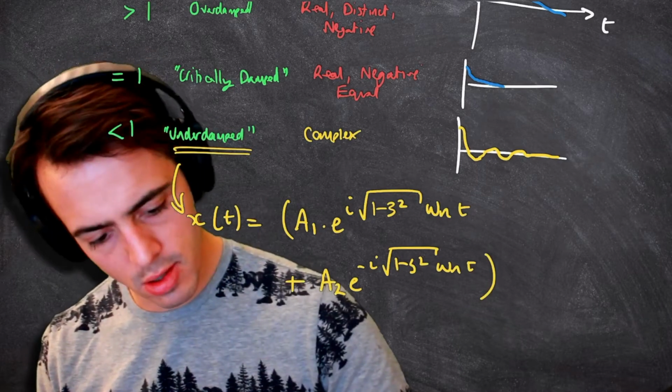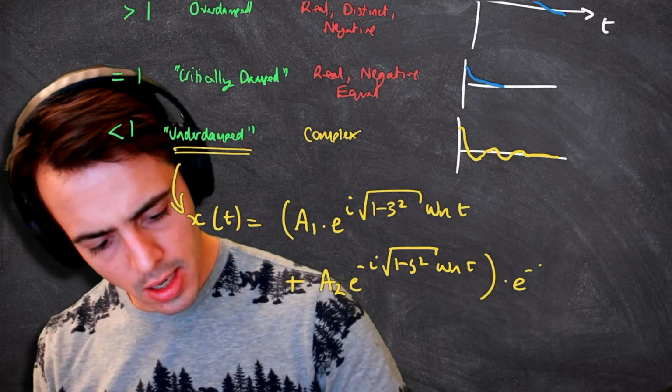This is only for the case where we've got underdamped motion, multiplied by e to the minus zeta omega n t.